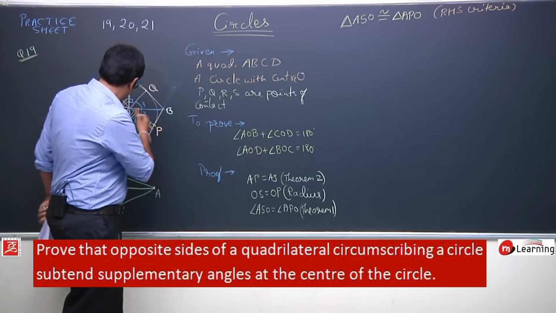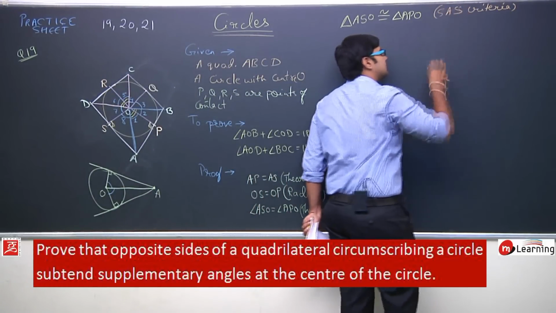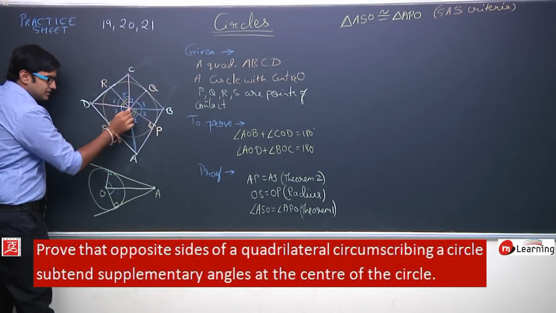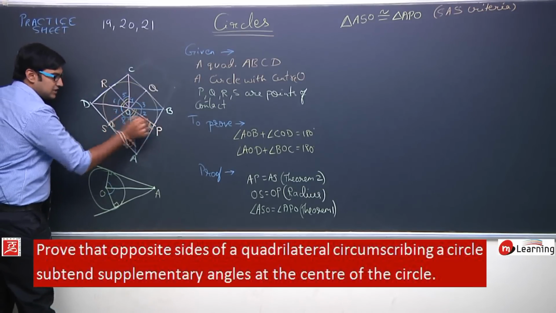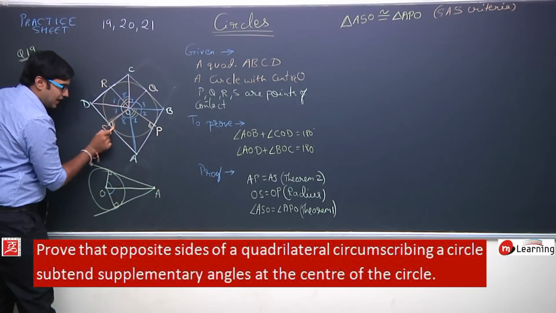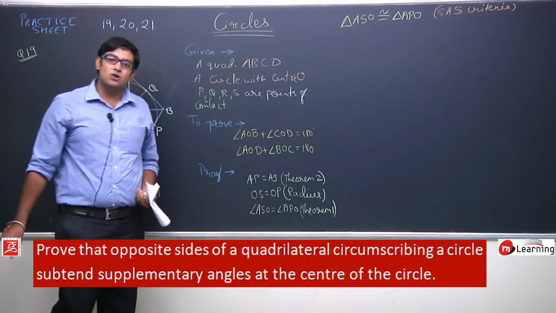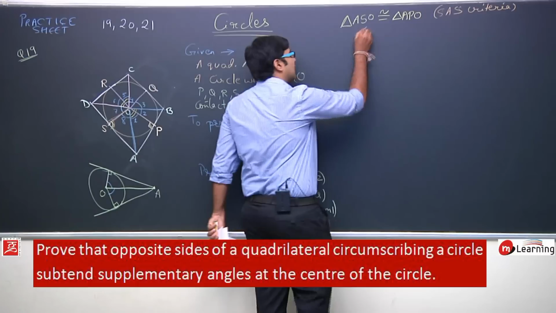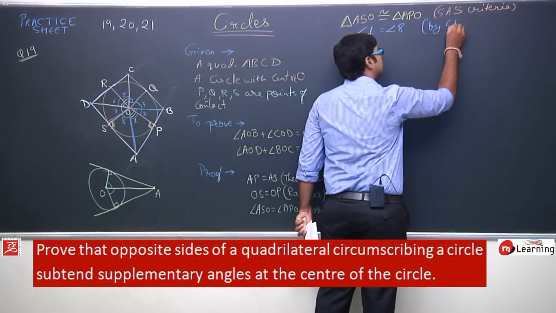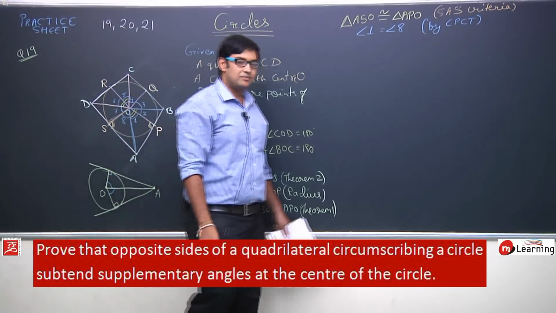Sorry, not by RHS, it is SAS, side angle side. This is the angle of 90 degrees, these sides are the radii and equal, and AS is equal to AP. So side angle side. By this criterion both triangles are congruent, and since the triangles are congruent I can write angle 1 is equal to angle 8 by CPCT.